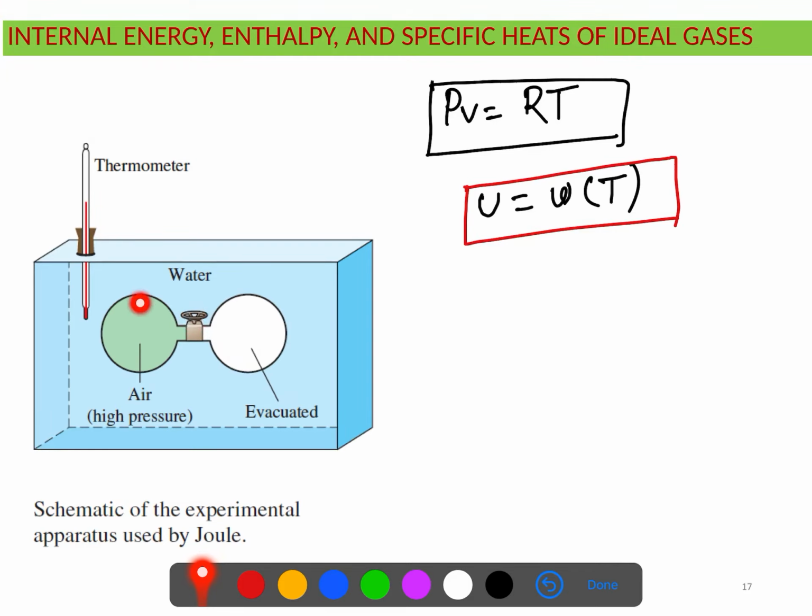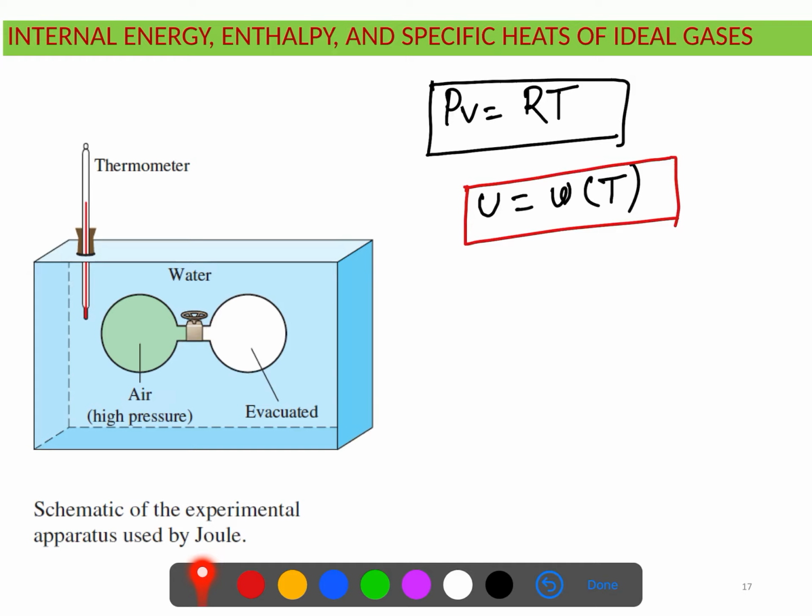One tank is filled with air at high pressure, and the other is evacuated, so it's empty. When this system was in thermal equilibrium, he removed the valve and allowed the air to move to the other empty tank through the pipe.